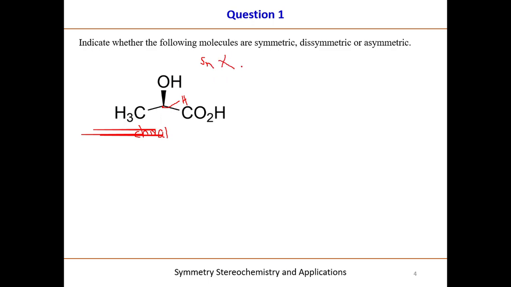That means it might be disymmetric or asymmetric. But if you check the CN axis, we see there is no CN axis present. That means it is an asymmetric molecule. I hope all of you are clear. This is the asymmetric molecule.